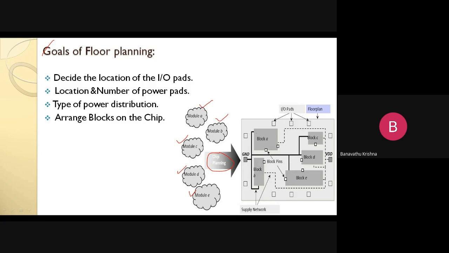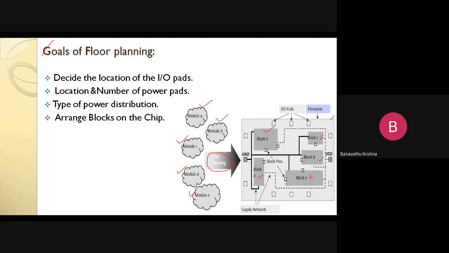So here let us see, this is block A, then block B, block C, block D and block E. In this way, we plan to place the modules on the floor chip area, right? And these are the blocks here, IO pads. This is our required floor planning here. I want to place all those blocks in this particular chip area, and this is the supply network here.